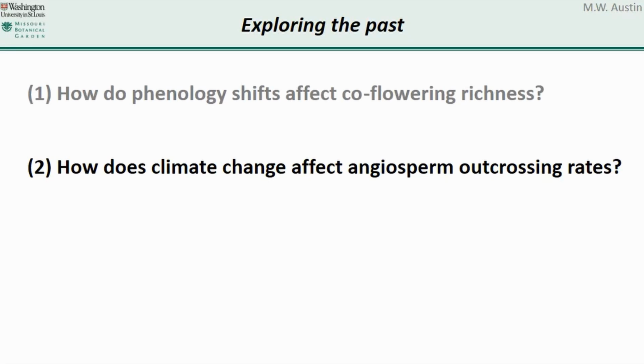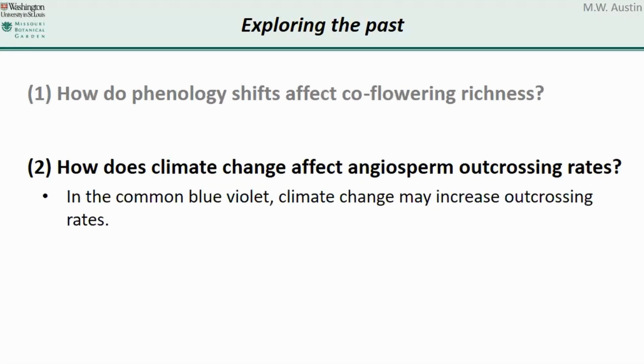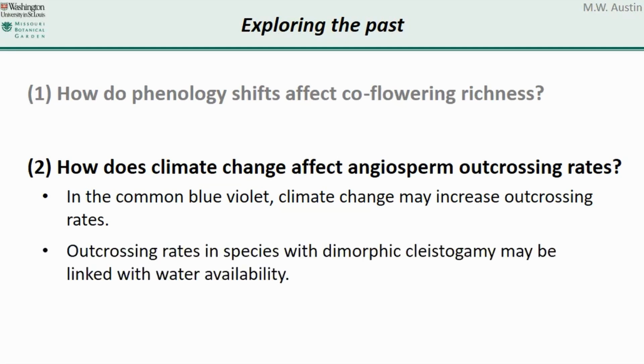So thinking back to the question that motivated this work, I found evidence that in the common blue violet, climate change may increase outcrossing rates, and also that outcrossing rates in species with dimorphic cleistogamy may be linked with water availability.